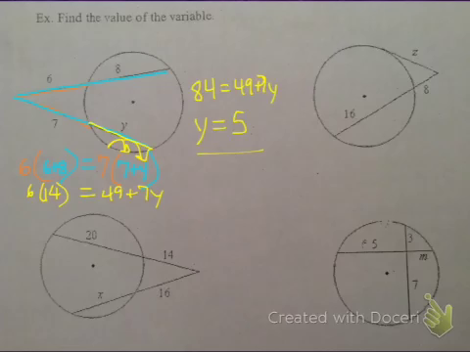Okay, next example, we've got z, which is a tangent segment out here. And we've got a secant segment with the outside of 8 and an inside of 16. So let's set up our equation. We've got, for z, we've got the outside times the whole, so that's going to be z squared. And for our other segment, we've got the outside times the whole, so the whole is 8 and 16.